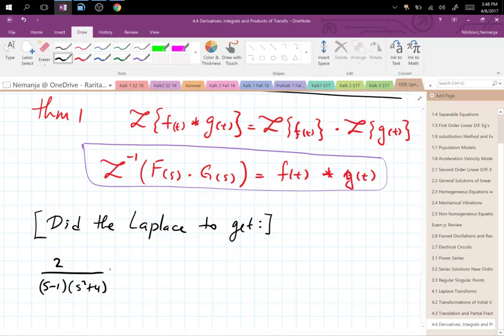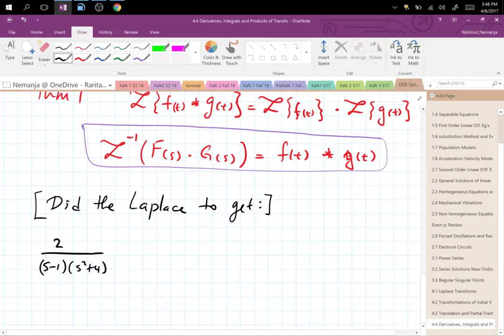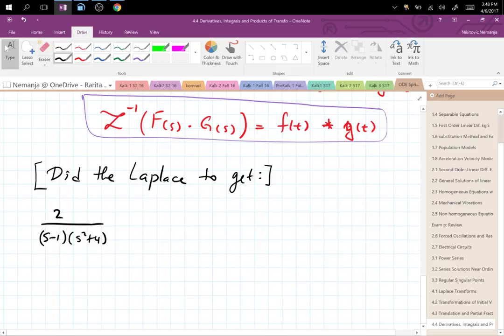So now you are looking at this and you say, this is clearly partial fraction decomposition to do the inverse Laplace to go back into your function, which is the solution of the differential equation.